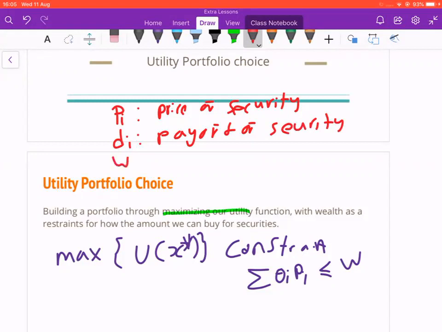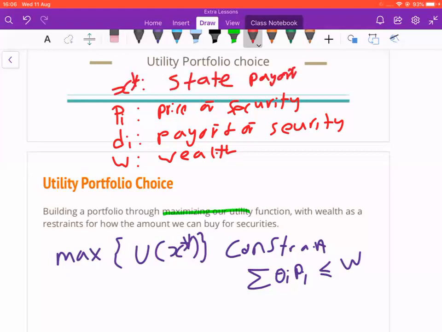W, we all know, is going to be the wealth. What else has to be known? X, which is most important, right? X is going to be our payoff. I will define it as the state payoff.